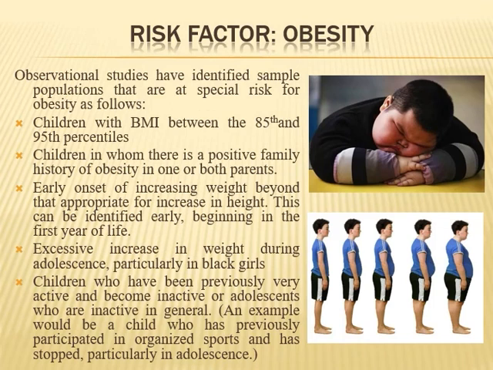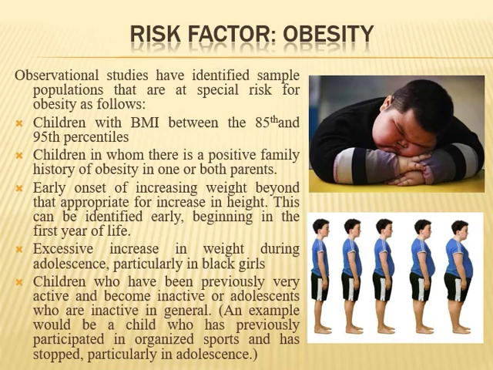Observational studies have identified sample populations that are at special risk for obesity as follows. Children with body mass index between the 85th and 95th percentiles. Children in whom there is a positive family history of obesity in one or both parents. Early onset of increase in weight beyond that appropriate for increase in height.